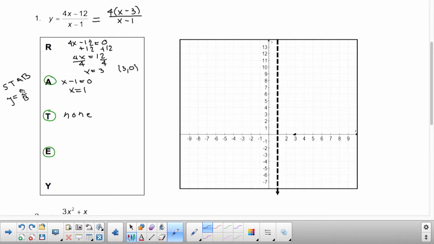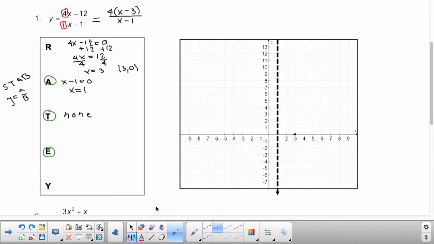Now what are a over b? Those are the leading coefficients to our highest degree term. In this case, we have 4 and 1.